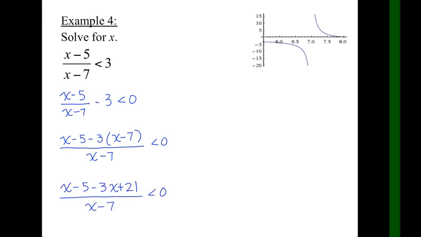And then, ayan, distribute mo yung x minus 7 sa kanya. So, pareho na sila. Then, 3x plus 21. And then, we have negative 2x plus 16 over x minus 7. Kailangan maging positive yung negative.